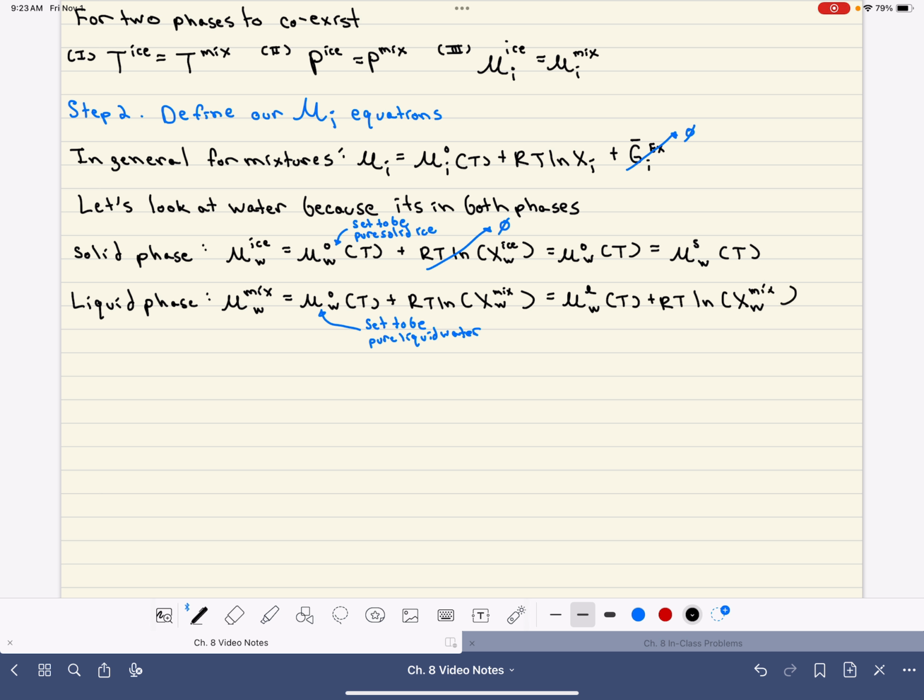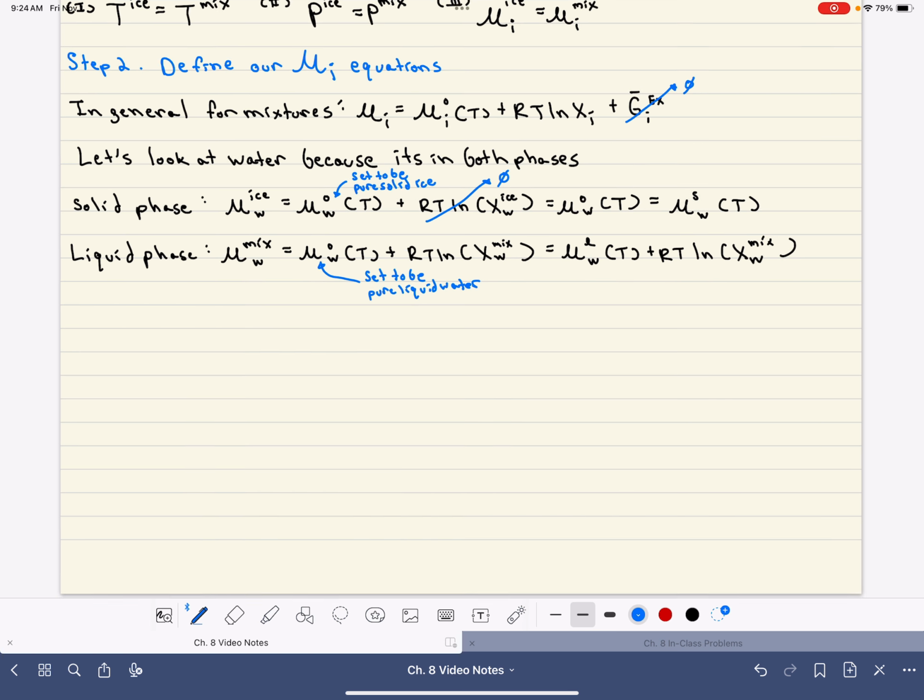Okay? So for the solid, we're just left with the chemical potential of pure solid water. And for the liquid phase, we have the chemical potential of pure liquid water plus this RT ln of XW term. Okay? All right, so we defined our chemical potential equations.